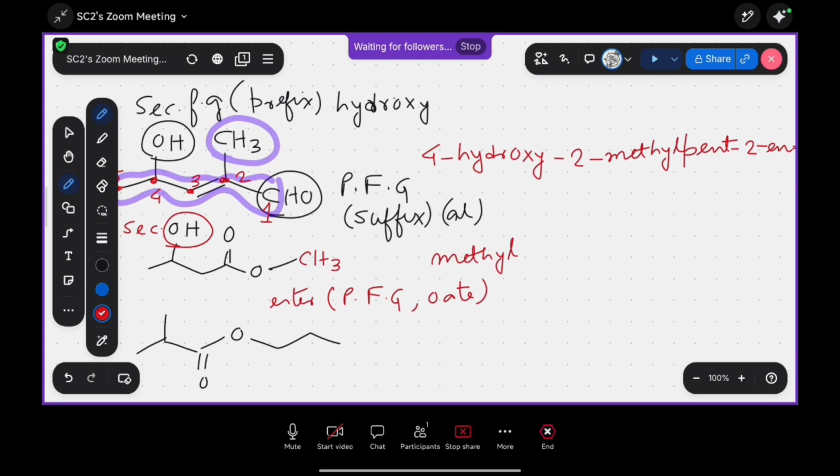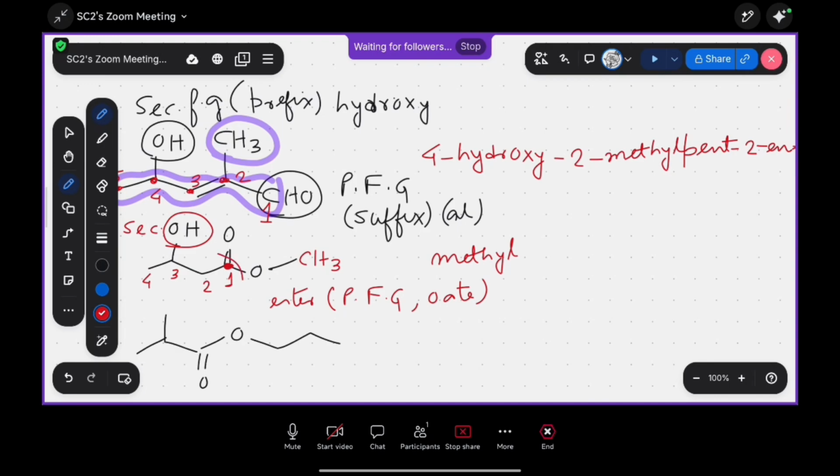Now, as already said, whenever you write the IUPAC name for ester, there is a space. See, after methyl, I'll give a space. After the space, what will you write? Then start the numbering. It is 1, 2, 3, 4. That means there are 4 carbon atoms. You need to include the carbon of the ester functional group as well.